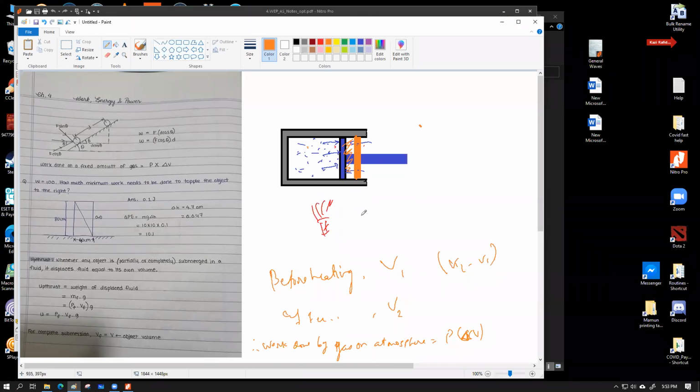This is a new set of wording that you have to come across. Work is going out of the system, or in other words, we can say work was done on the atmosphere. So energy was gained by the atmosphere and energy was lost by the gas, or work was done by the gas, so work goes out of the system, and the work is absorbed by the atmosphere.